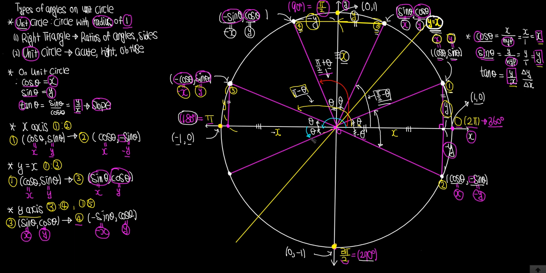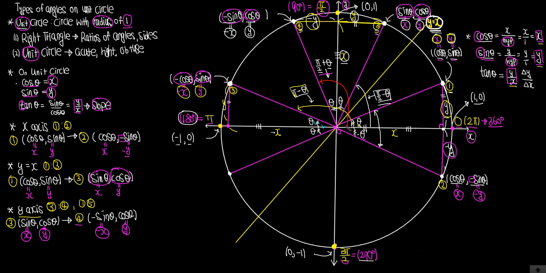Then obviously it will be pi plus theta, which is 180 degrees plus theta. So from this 180 degrees, if you add the amount of theta, we'll get the angle measurement of this total. So let's actually notate that angle measurement.